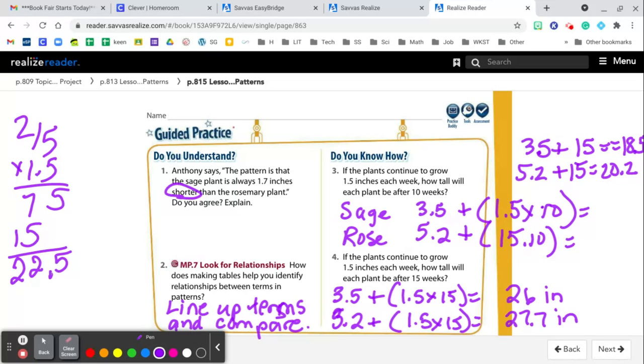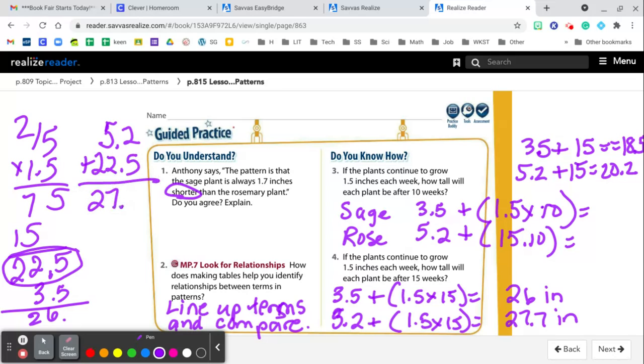So the first one would be 22.5 plus 3.5 equals 26. And the second, you can use this value again, 5.2 plus 22.5 equals 27.7. There you go.